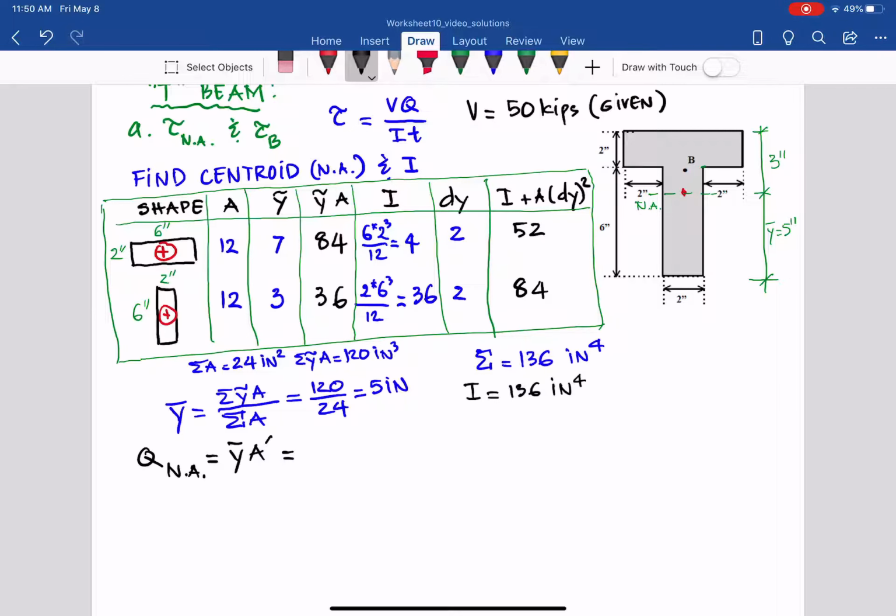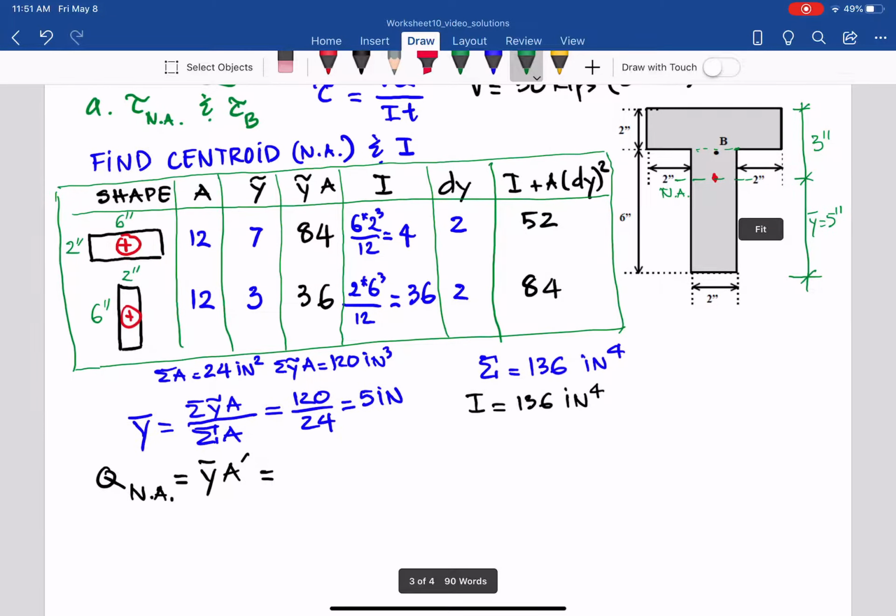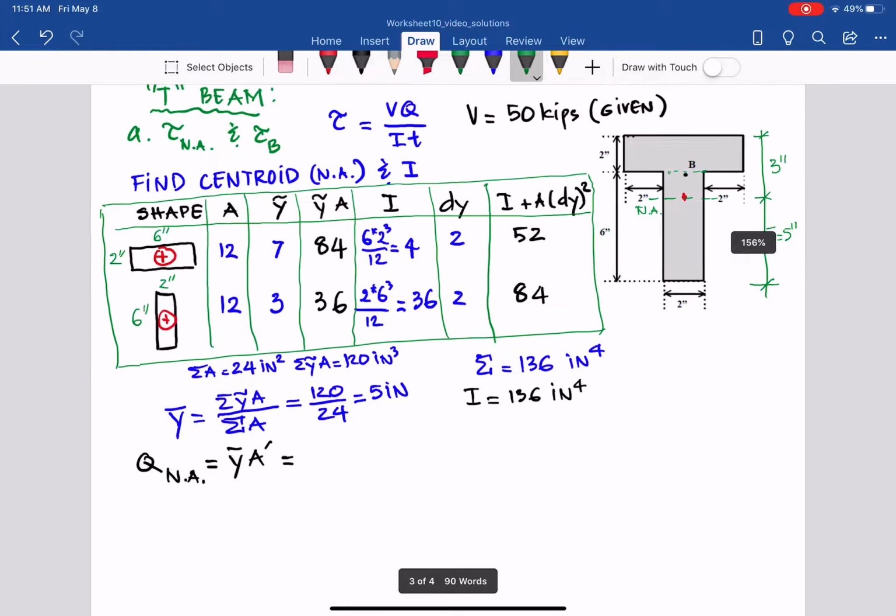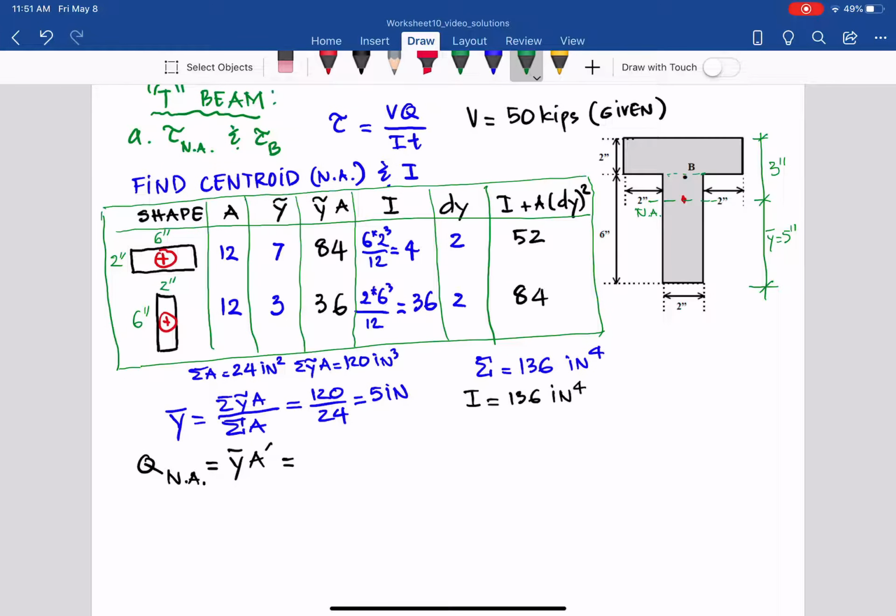In this case, for Q at the neutral axis, you can go from here to the top outermost fiber. Then you can break it down into two shapes: the first shape is the 2 by 6, and the second shape is that smaller portion in here.